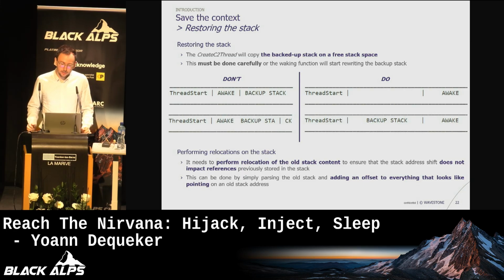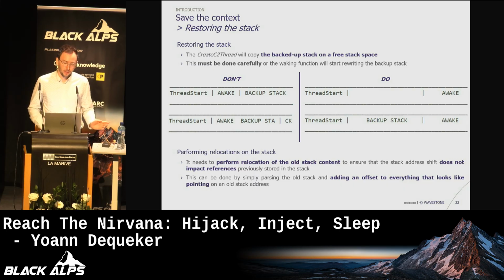But the problem is that if you have any pointer stored in the stack, pointing to other stack information, you will have an offset between the old stack address and the new stack address. So you have to relocate every pointer stored in the stack. This can be done easily by just parsing all the stack, so all this data, and trying to see if the information stored points to the previous stack.